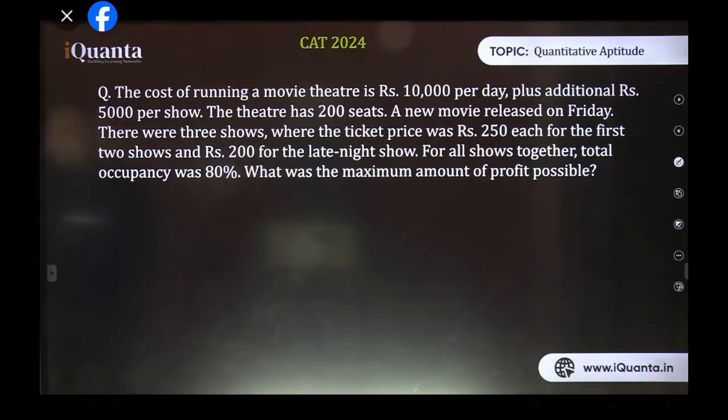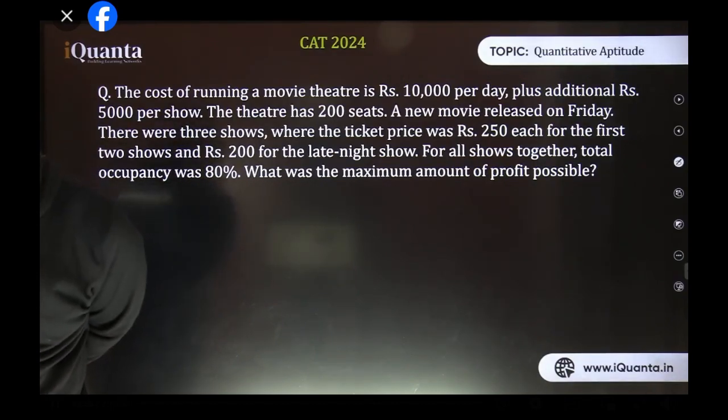Answer this one, answer now. Yes, I told you these are good questions which have appeared in actual exams. It's very easy, Karthik.